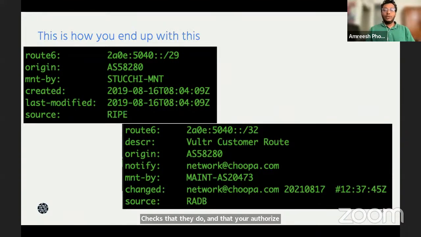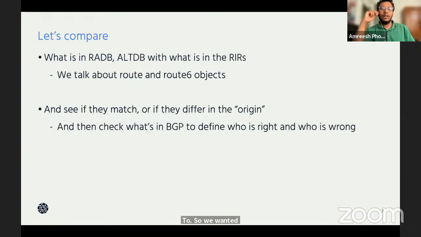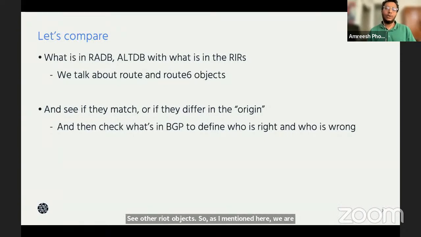So we wanted to know what differs between the different IRRs and the ones that we see at the RIR route objects. As I mentioned here, we are going to talk only about route and route6 objects. We are not going to go into, for example, AS-sets and other types of objects.